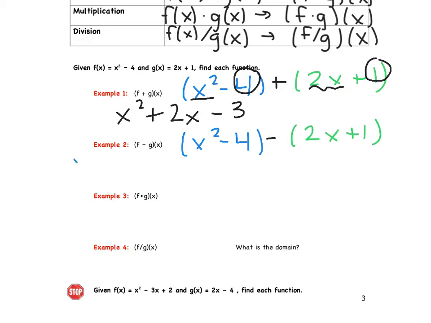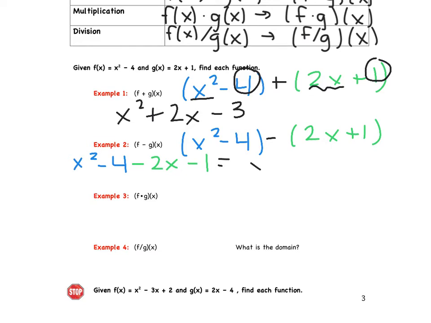So I have x squared minus 4 minus (2x plus 1). Now I'm just using the different colors to show you that we still have f of x and g of x. I haven't combined any terms yet. Now that I've distributed that minus sign, I can combine my like terms.